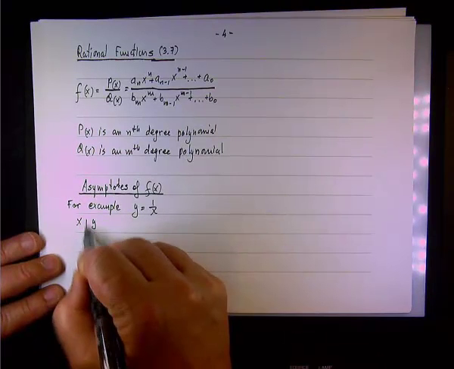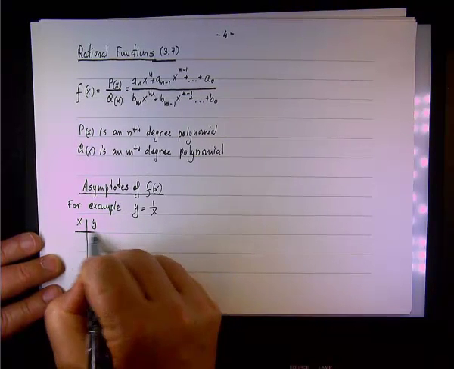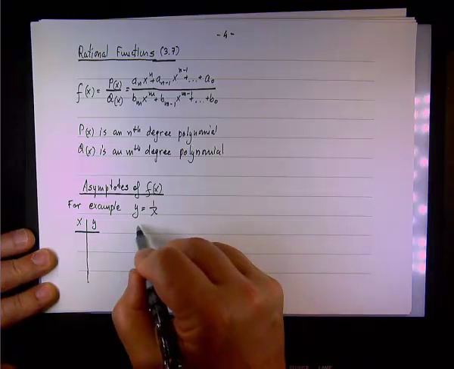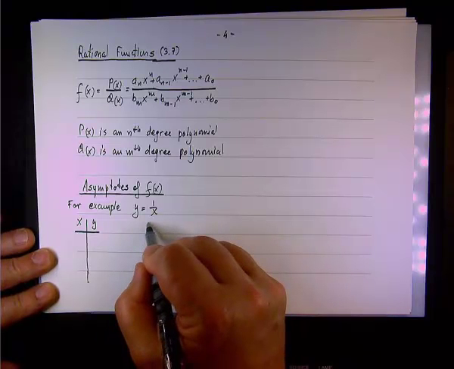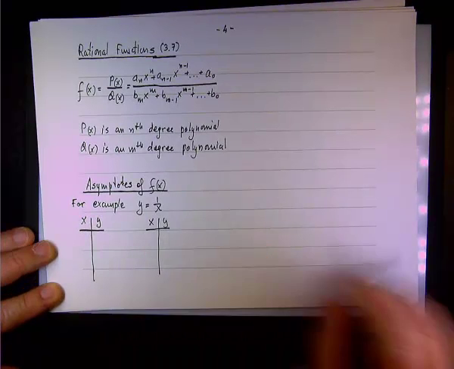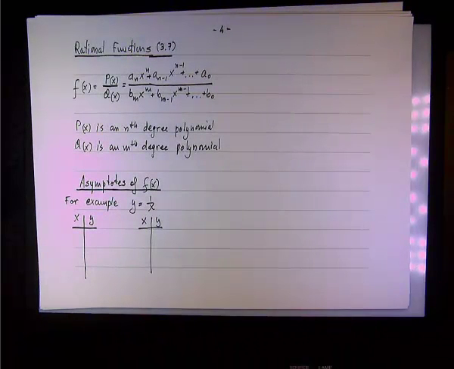So what I'll do now, I'm going to make a little table, x versus y, and on the left side, I'll do positive values. On the right side, I'll evaluate negative values of x. Okay? Now, one thing I know right off the bat, that x cannot equal 0.